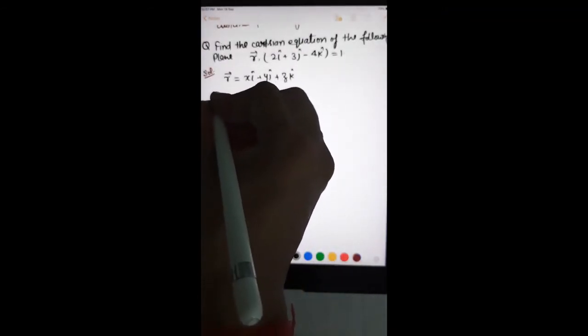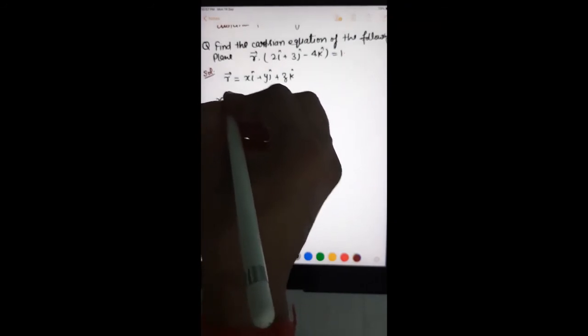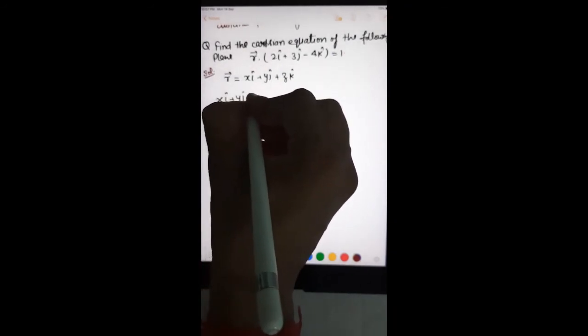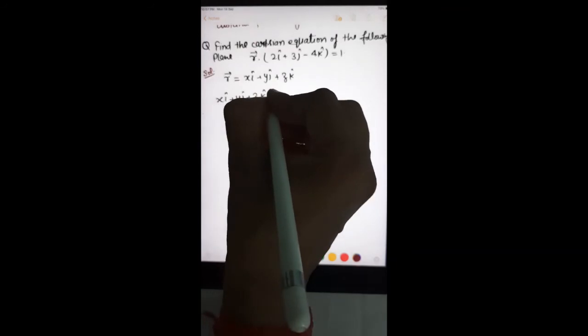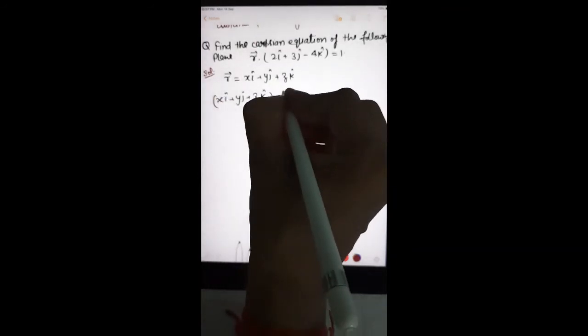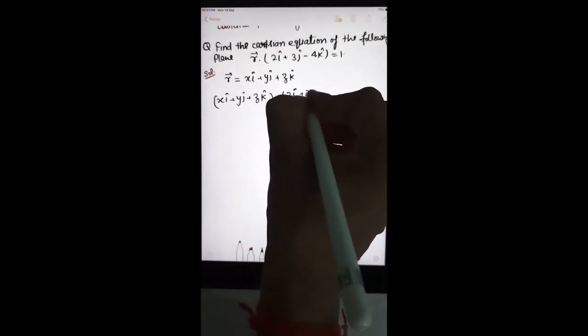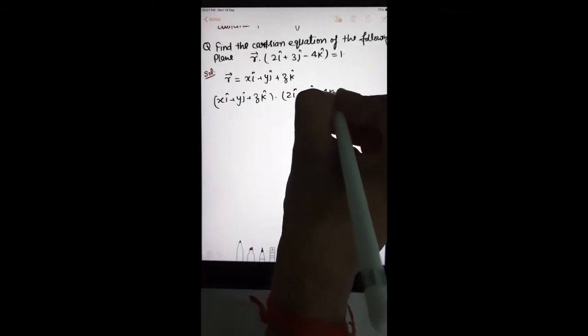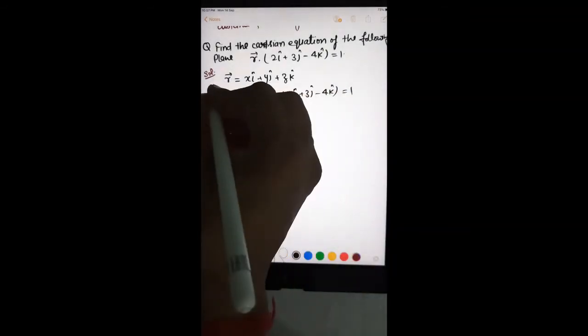So we get xi plus yj plus zk dot 2i plus 3j minus 4k equals to 1. This is the equation of plane.